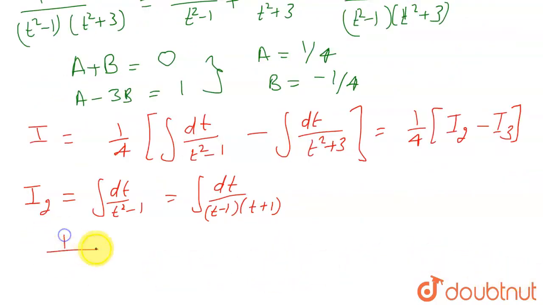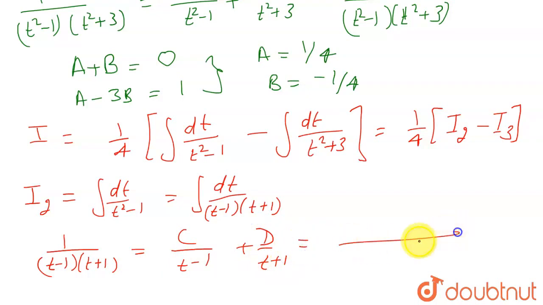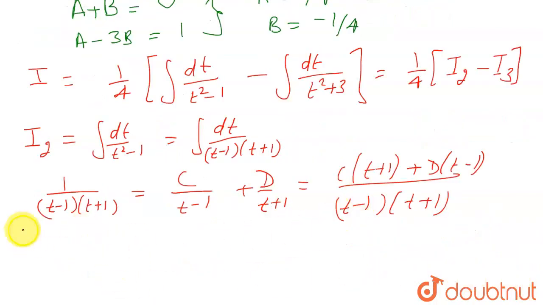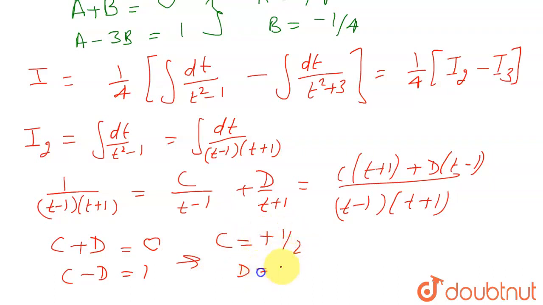Now again we can write 1 upon (t minus 1)(t plus 1) as c upon t minus 1 plus d upon t plus 1, which will be equal to c(t plus 1) plus d(t minus 1) upon (t minus 1)(t plus 1). Comparing these two equations, we will get c plus d to be 0 and c minus d to be 1, which implies c will be equal to half and d will be equal to minus half.